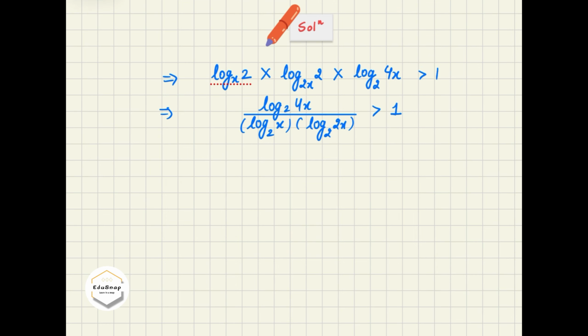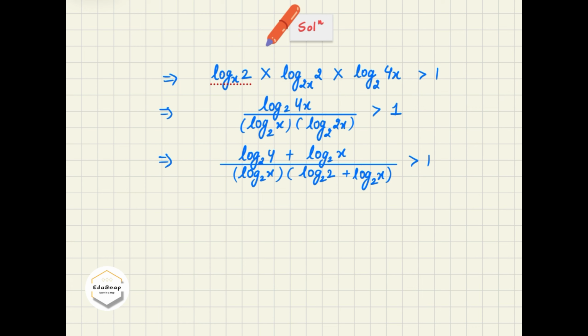So we will have this kind of equation now. We can also use the property log mn, which is nothing but log m plus log n. Yes, that we will be applying here. If you apply, you will have this and this here. Similarly you will apply here as well.